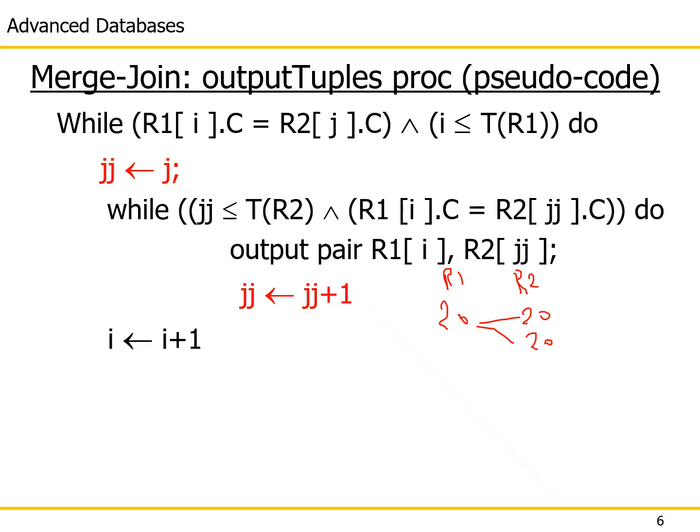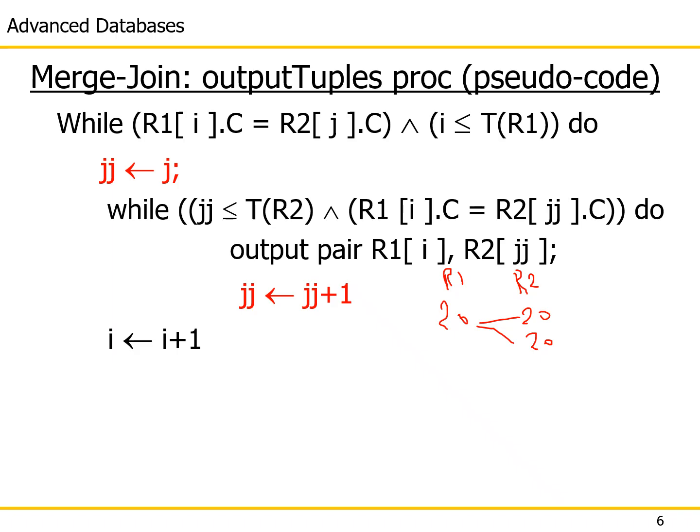Now inside the output tuples function, this is what I have been describing 2 slides ago. What's going to happen is, as you see, highlighted in red, this jj pointer is an additional variable that gets initialized with the value of j, and then I start moving the jj downward. The j is the one that moves through R2.